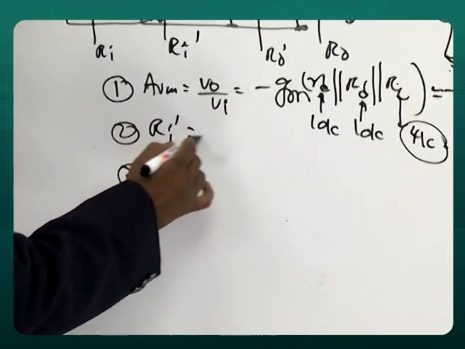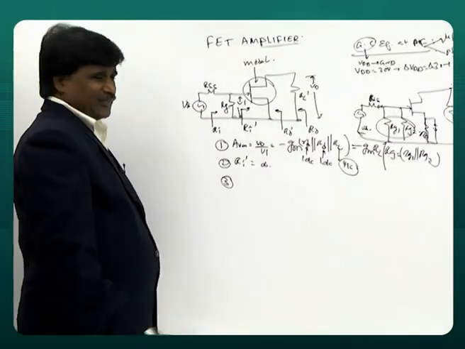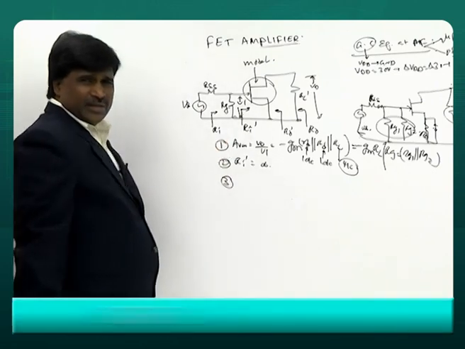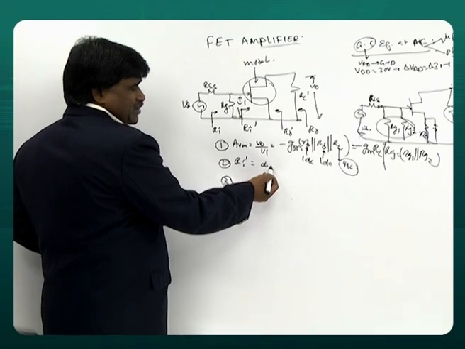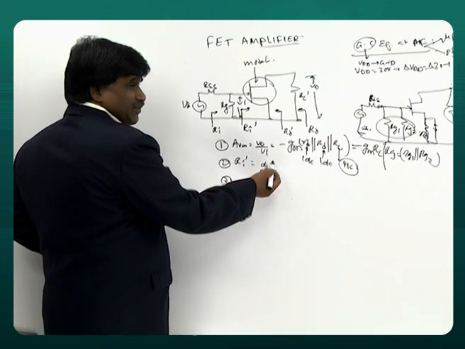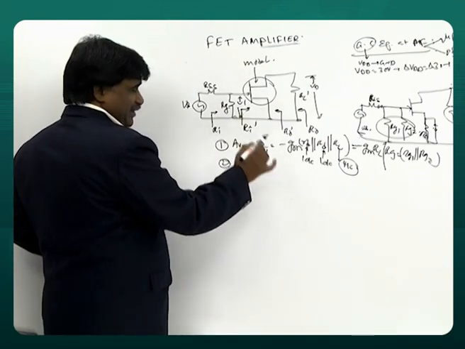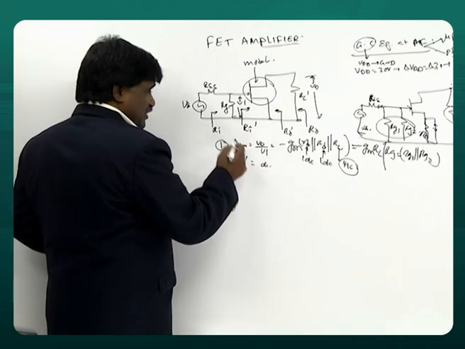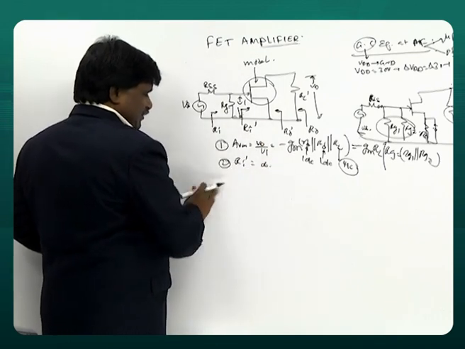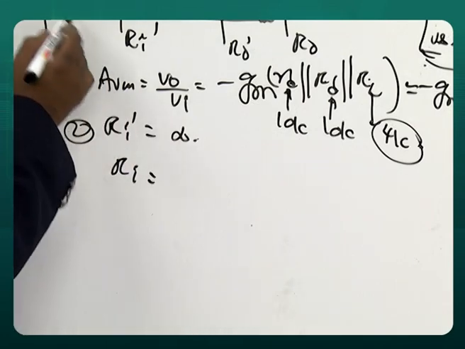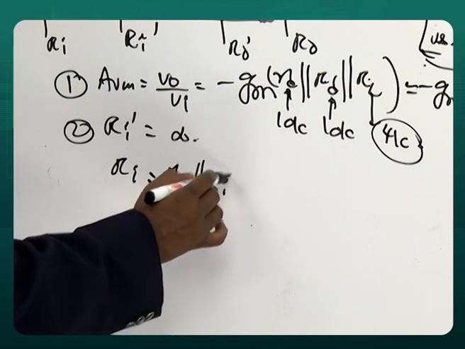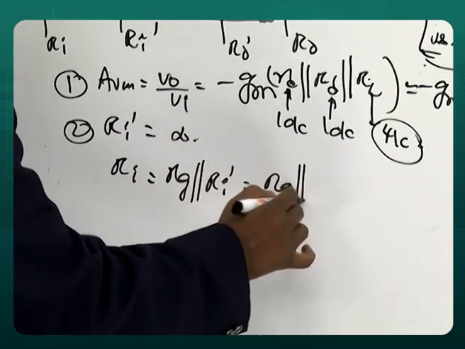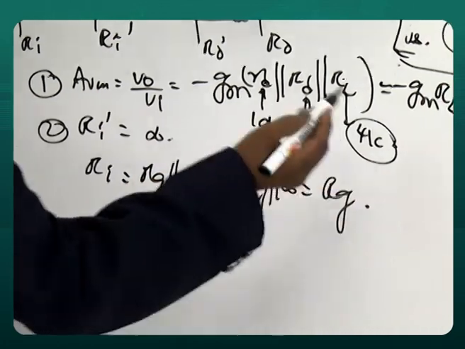Then what is Ri dash? Infinity. Why infinity? If it is JFET, it is reverse bias input. If it is MOSFET, silicon dioxide layer, already infinity. If that is true, what is Ri then? Ri is RG parallel Ri dash, RG parallel infinity, RG.